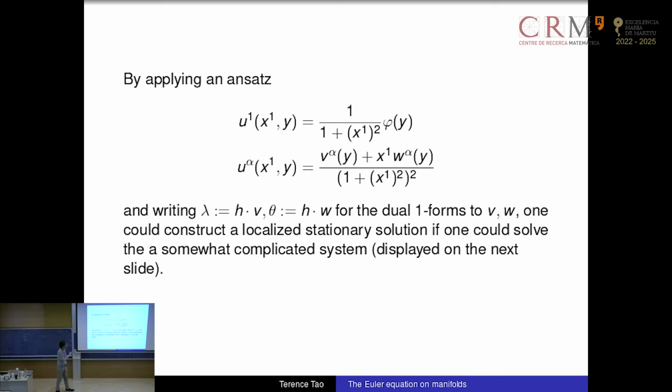You can write down this ansatz. So this ansatz requires a scalar function, v, for the horizontal velocity, and two vector fields, v alpha and w alpha, for the vertical velocity.